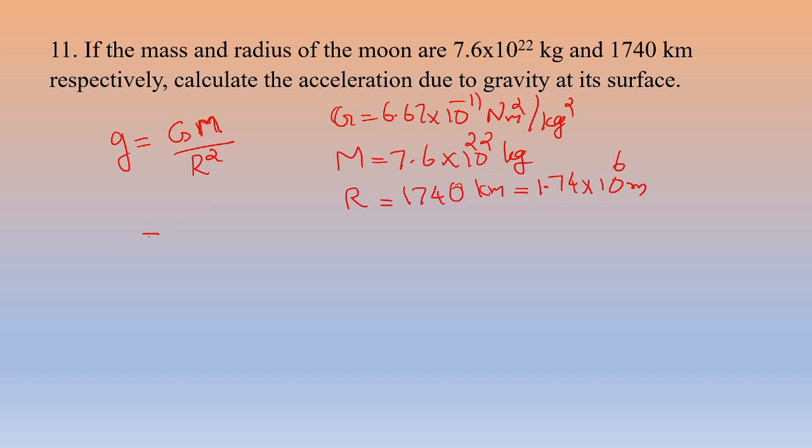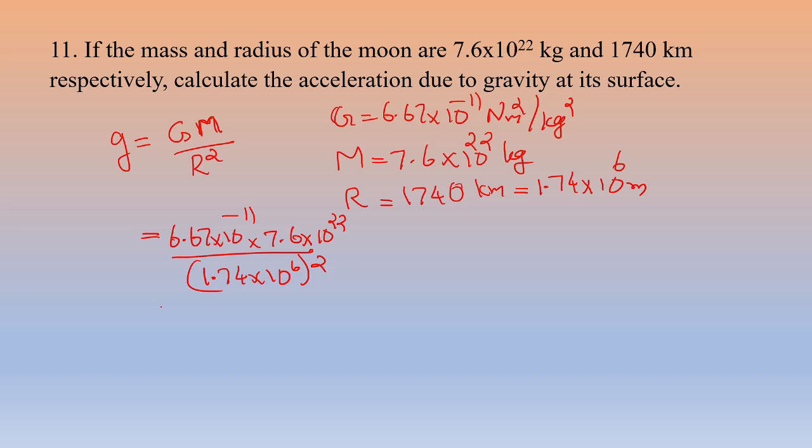So let us substitute 6.67 into 10 raised to negative 11. Mass is 7.6 into 10 raised to 22 kilogram divided by 1.74 into 10 raised to 6 square.